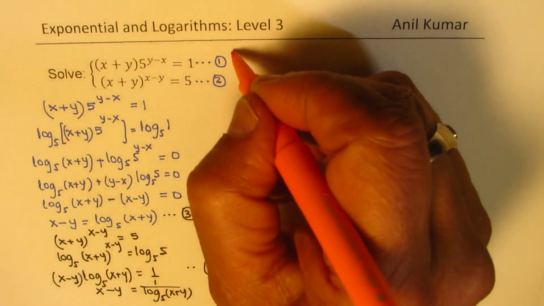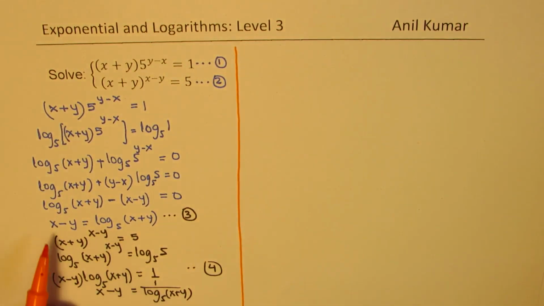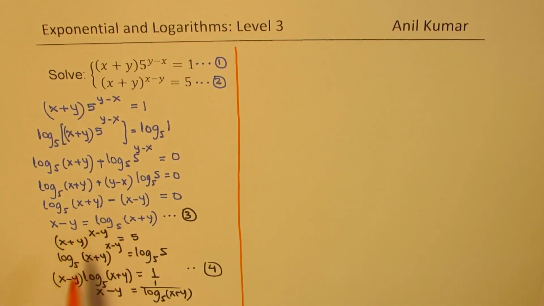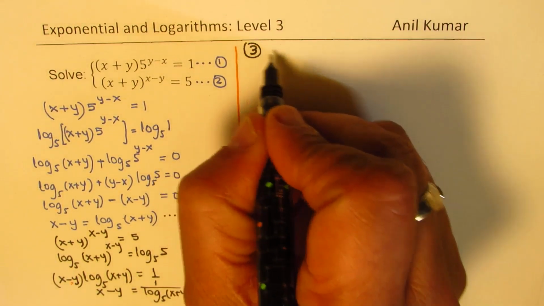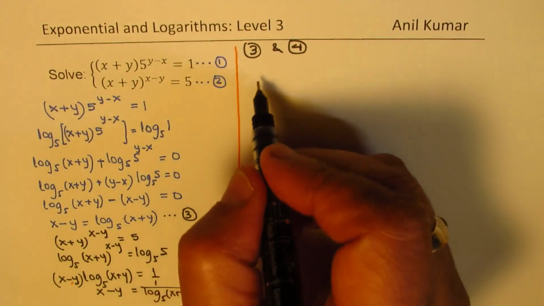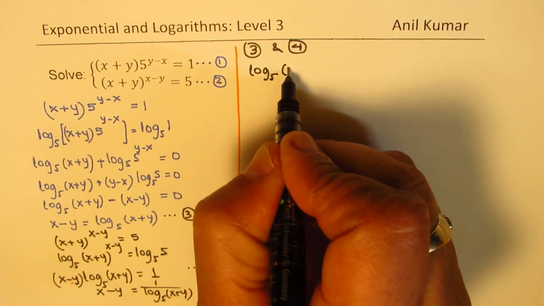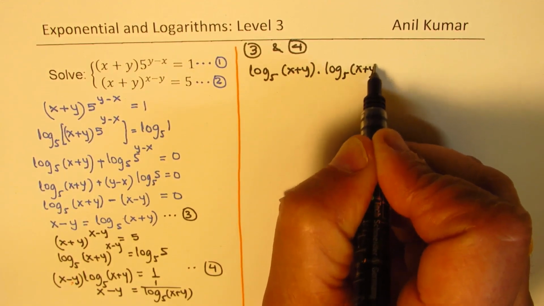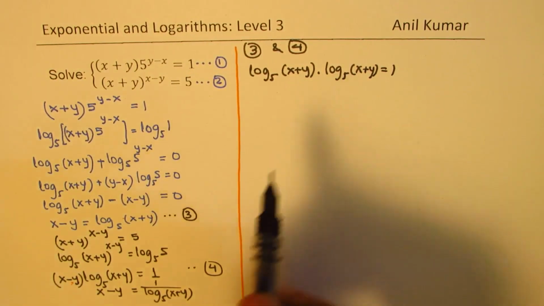So from equations 3 and 4, we see that x minus y is log to the base 5 of (x plus y), and (x minus y) times log to the base 5 of (x plus y) is 1. Well, we can replace this with that and get equation number 5. So using 3 and 4, we get log to the base 5 of (x plus y) times log to the base 5 of (x plus y) equals 1.